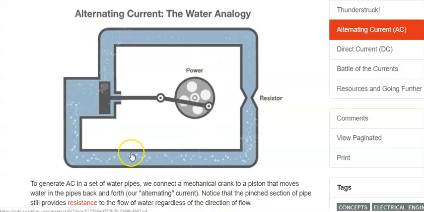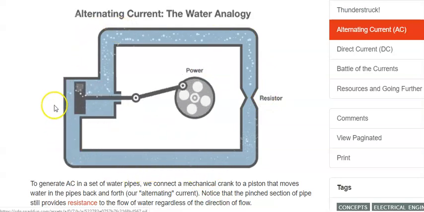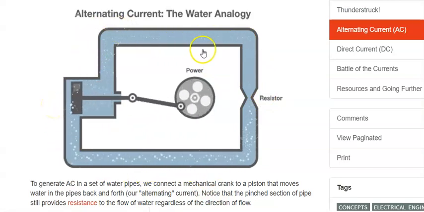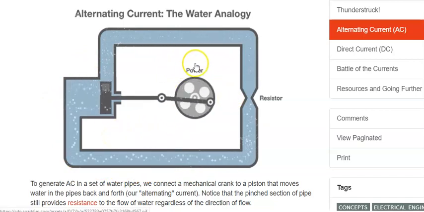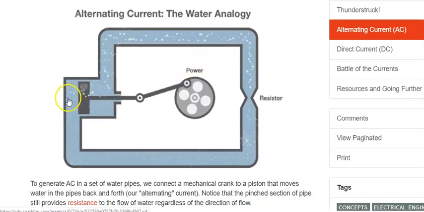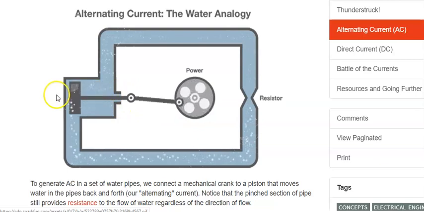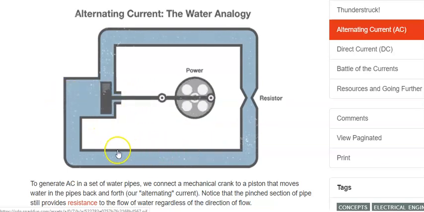Here's another analogy, which is using the water pipes analogy. If these water pipes were an alternating current, you can see that the energy source is pushing the water one way and then it's pulling it back the other way. So the water is flowing back and forth.